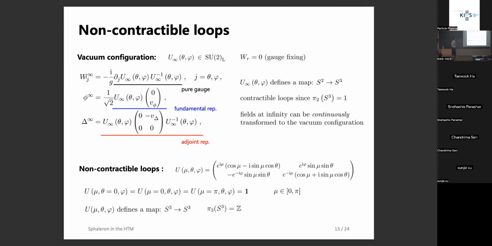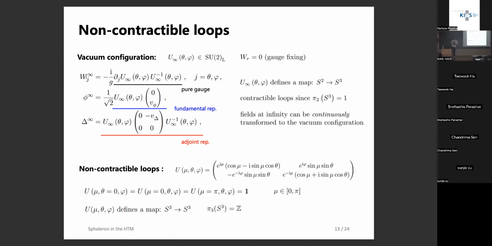You can see this is the usual vacuum configuration if you choose one gauge, and because this is a continuous transformation, that means fields at infinity can be continuously transformed to the vacuum.